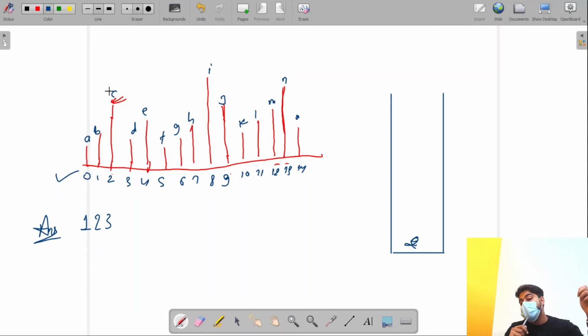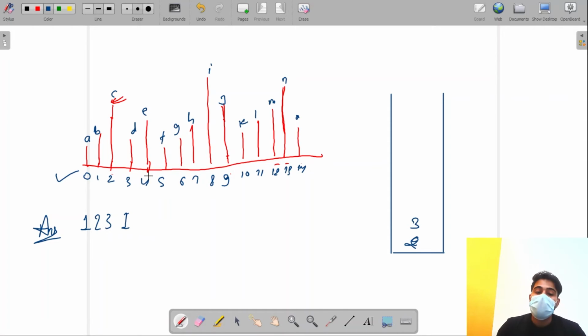C is greater than D. So this time I will not pop from the top of stack, but I will add the difference between both of them. So this time my stock span will become 1. Why will it become 1? Because I subtract 3 minus 2, the current day minus the top of stack. Before moving forward, I forgot an important step, that is adding the current executing element to the stack. So we add 3 as usual.